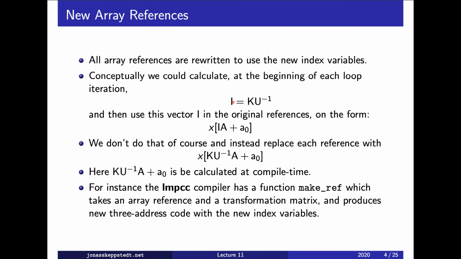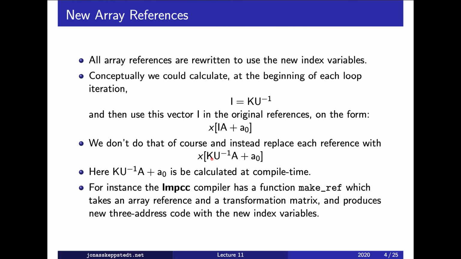And then we can start the iteration. What I'm saying now is quite ridiculous because it would be extremely inefficient, but just to explain the idea. So we could start each iteration by recomputing the original index variables and use them in each reference. Clearly, we don't want to do that.